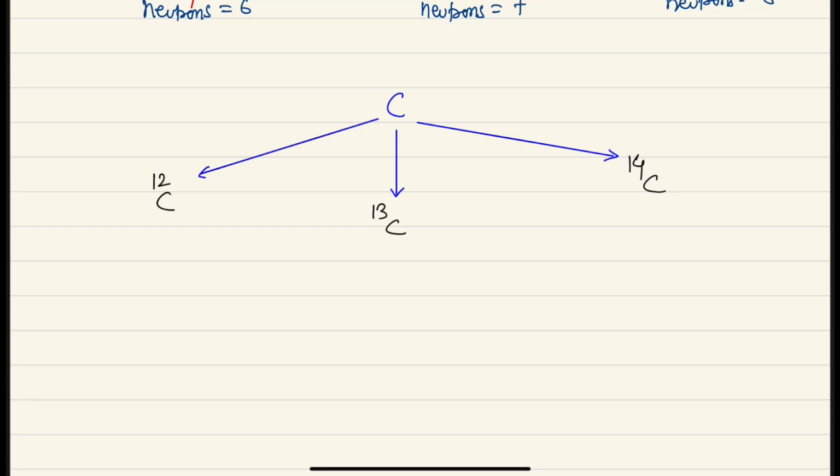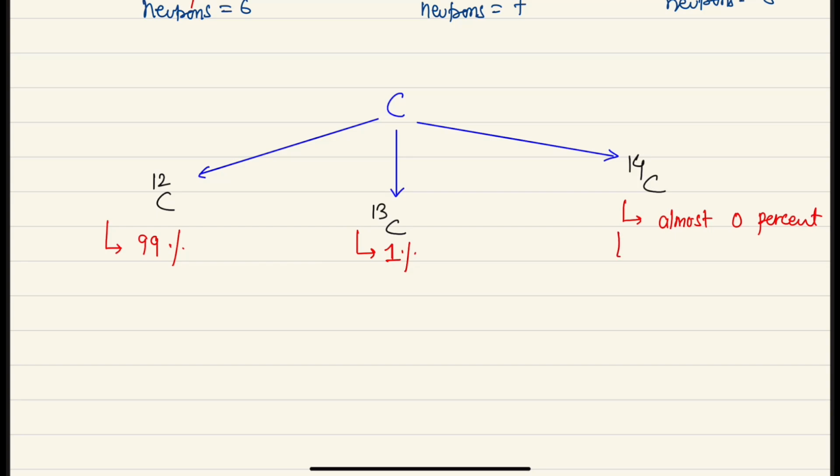And the percentage of C12 in nature is how much? 99%. Okay, 99%. And the natural abundance percentage of 13C is how much? Approximately 1%. And 14C almost 0%.